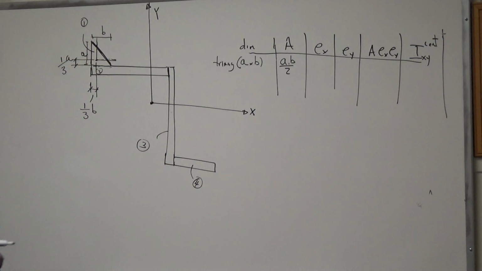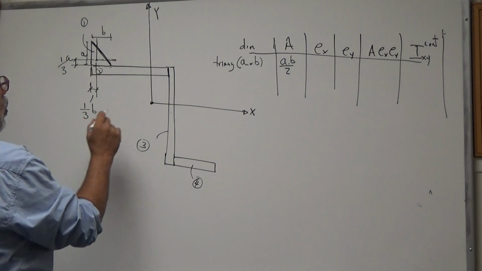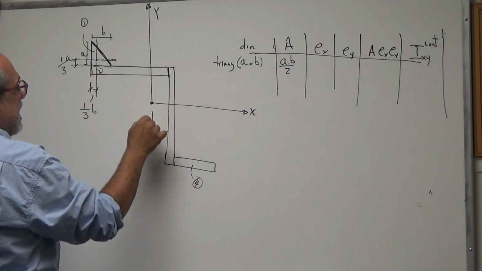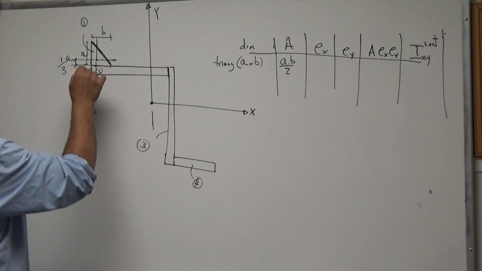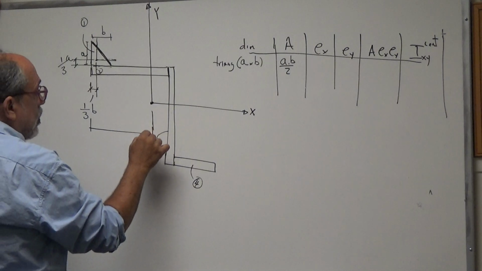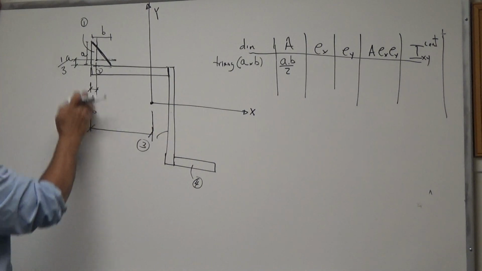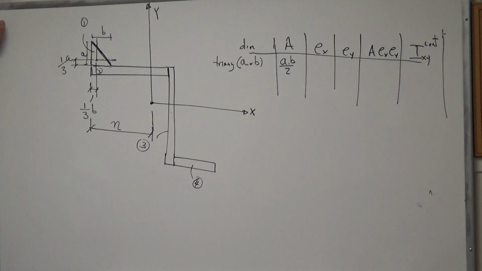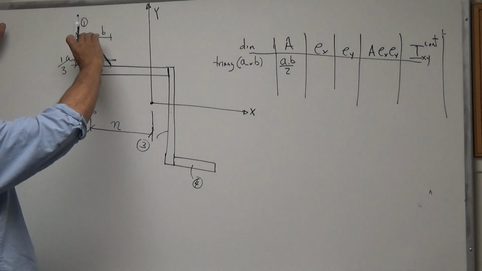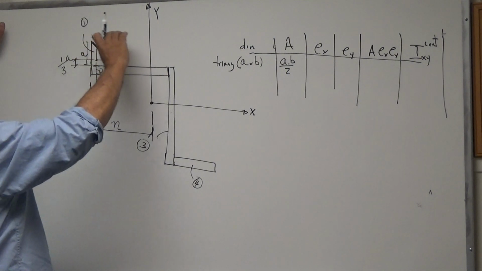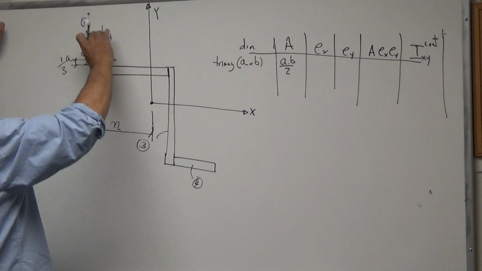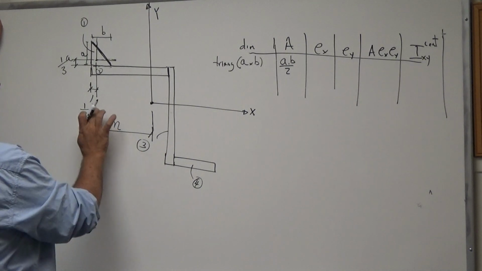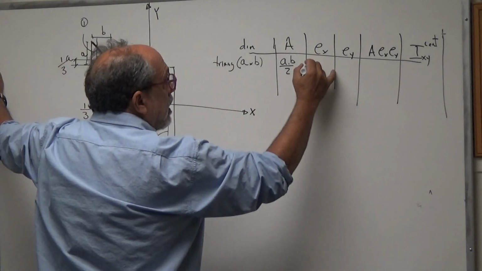Now, let's say, for example, that the distance from the centroid to the edge of the section was n. Therefore, the shift, in order to move this axis to the right to coincide with the xy, will be n minus 1/3 of B, right?